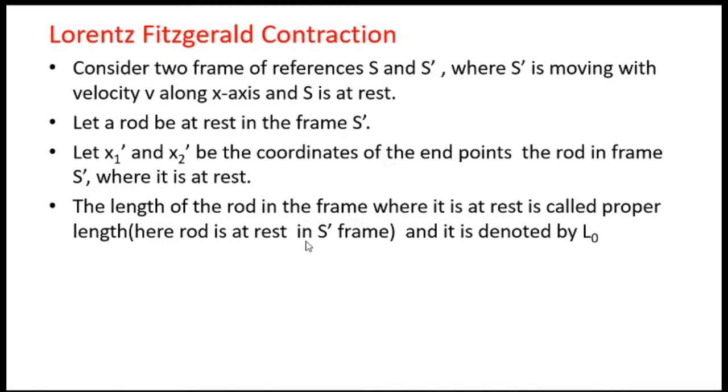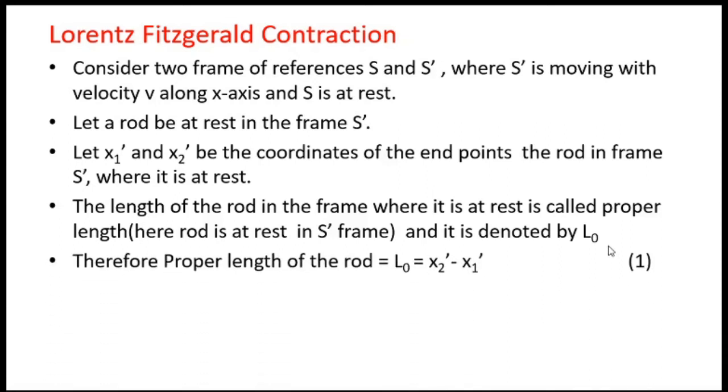Here the rod is at rest in frame S dash, and let the proper length be denoted by L0. So the proper length of the rod L0 is x2 dash minus x1 dash. This is our equation 1.